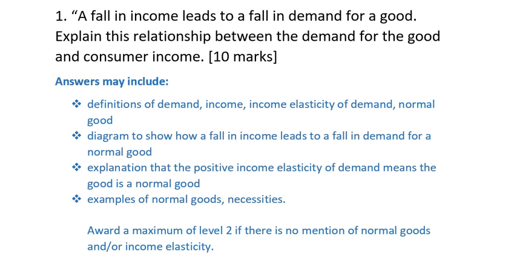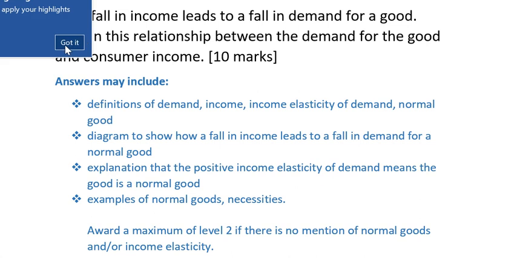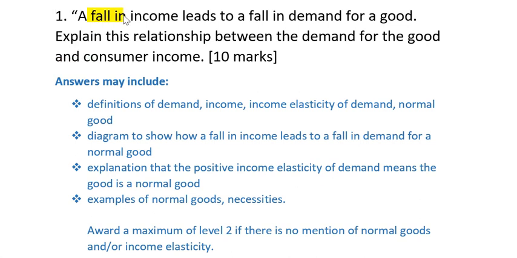Okay, so the question is a fall in income. So the main points I'll be highlighting. So it is the fall in income. It leads to a fall in demand for a good.